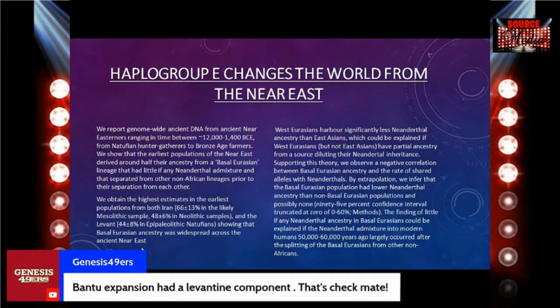By extrapolation, we infer that the basal Eurasians had lower Neanderthal ancestry than non-basal Eurasian populations, and possibly none: 95% confidence interval to 0%. The findings of little, if any, Neanderthal ancestry in basal Eurasians would be explained if the Neanderthal admixture into modern humans 50 to 60,000 years ago largely occurred after the splitting of basal Eurasians from other non-Africans.